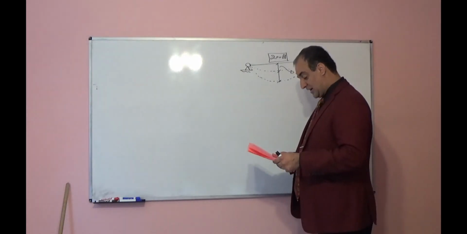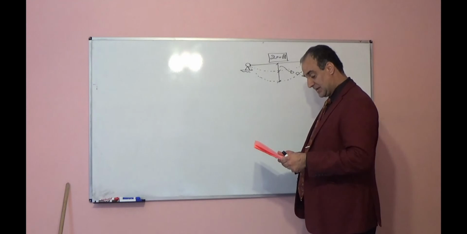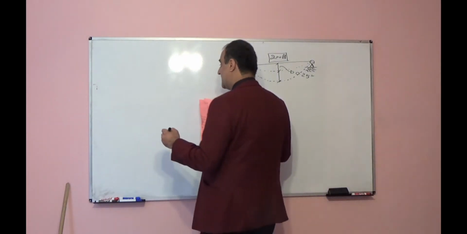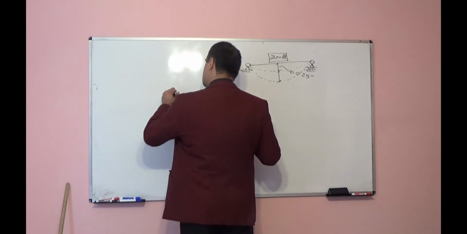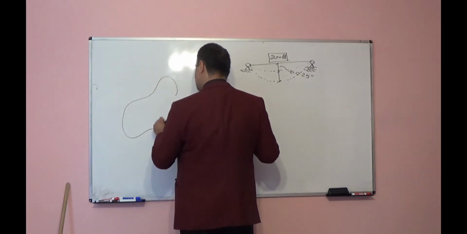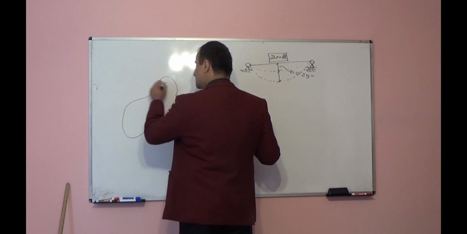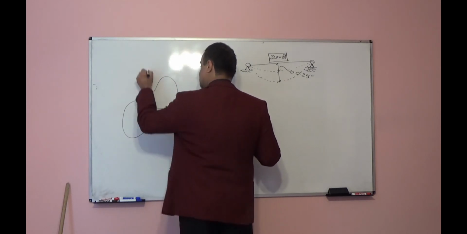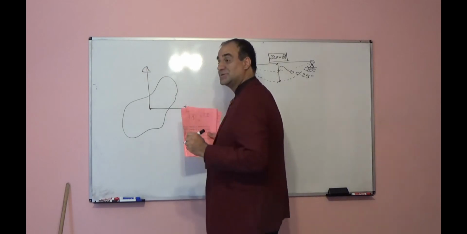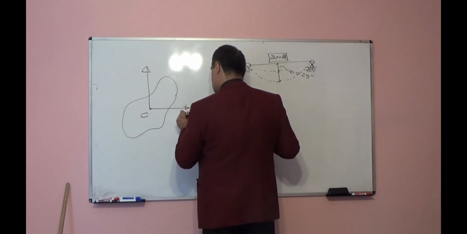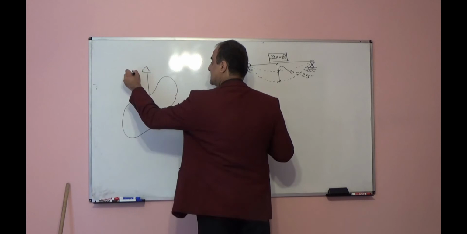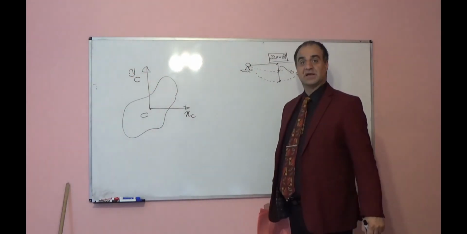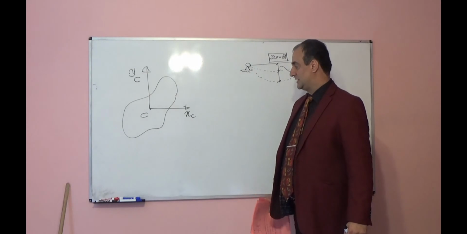So let's see how we can calculate moment of inertia or area moment of inertia. Area moment of inertia, for example, for one shape like this, with respect to a given axis. For example, this axis passes through the centroid. So x, c, y. I want to calculate area moment of inertia.